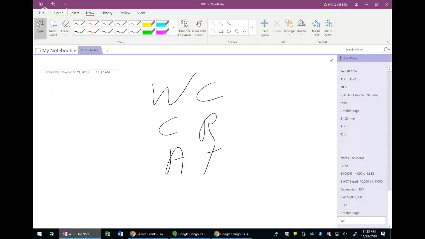Now we'll practice those in a moment, but they're on page 732. Now your activity ratios, activity means something has to happen, or days or whatever. It's your accounts receivable turnover, inventory turnover, and your operating cycle.